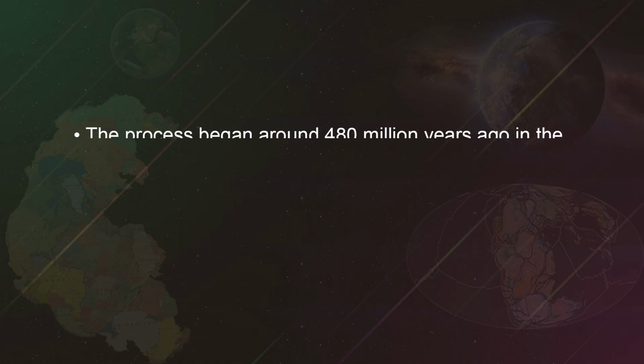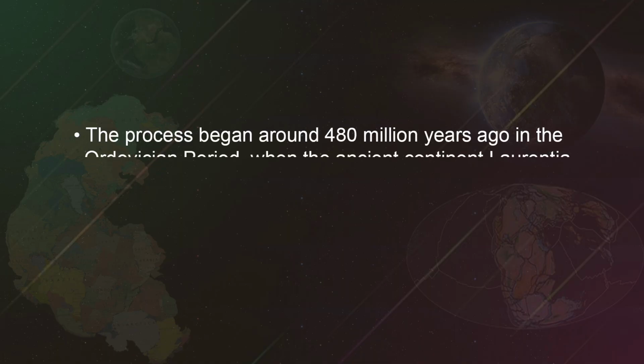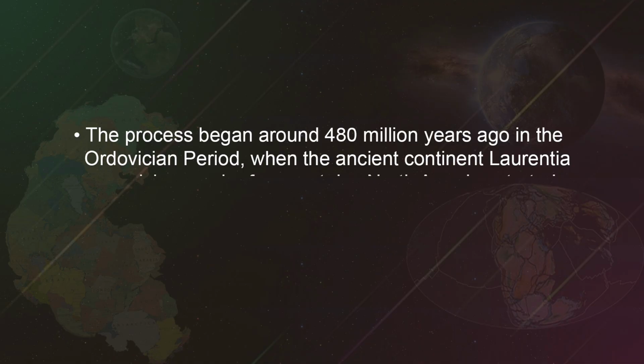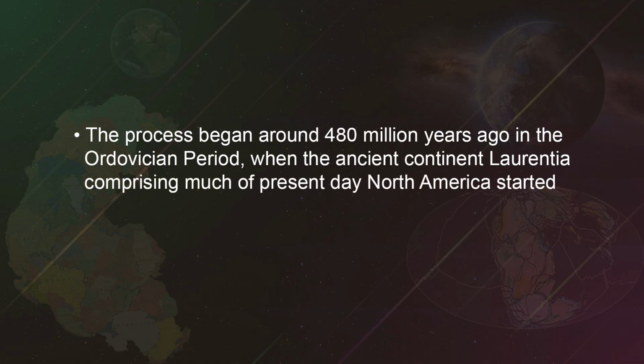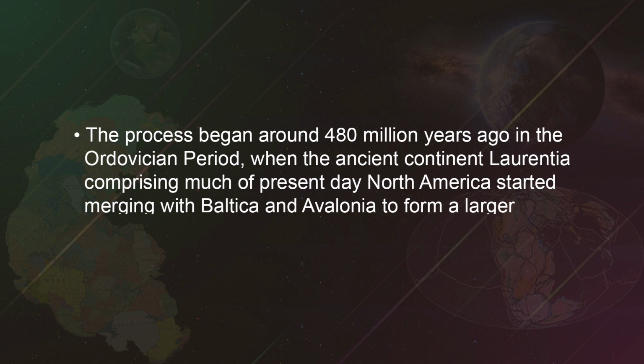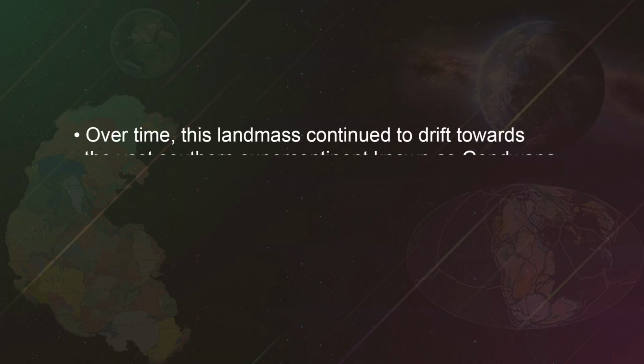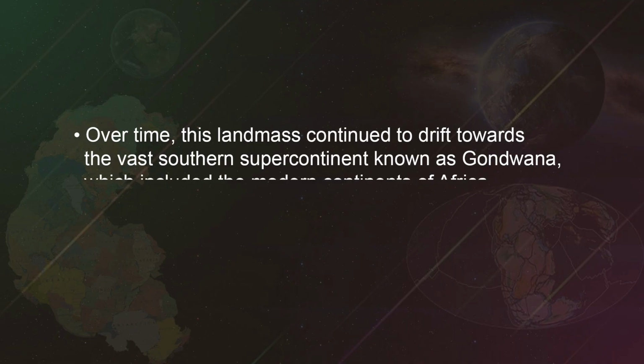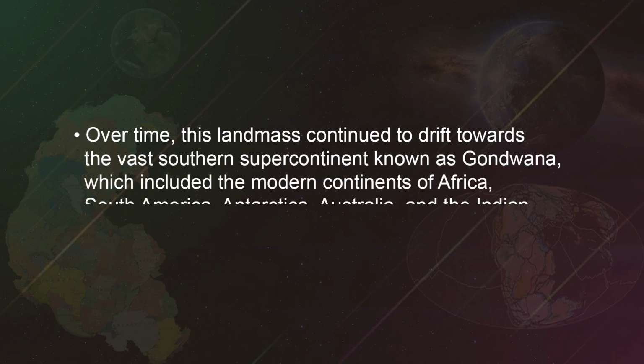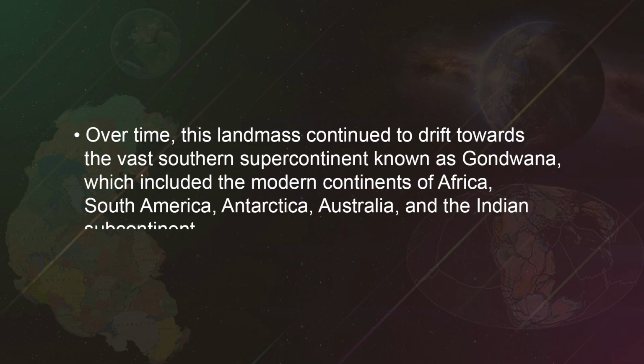The process began around 480 million years ago in the Ordovician period, when the ancient continent Laurentia, comprising much of present-day North America, started merging with Baltica and Avalonia to form a larger landmass called Euramerica, also known as Laurasia. Over time, this landmass continued to drift towards the vast southern supercontinent known as Gondwana, which included the modern continents of Africa, South America, Antarctica, Australia and the Indian subcontinent.